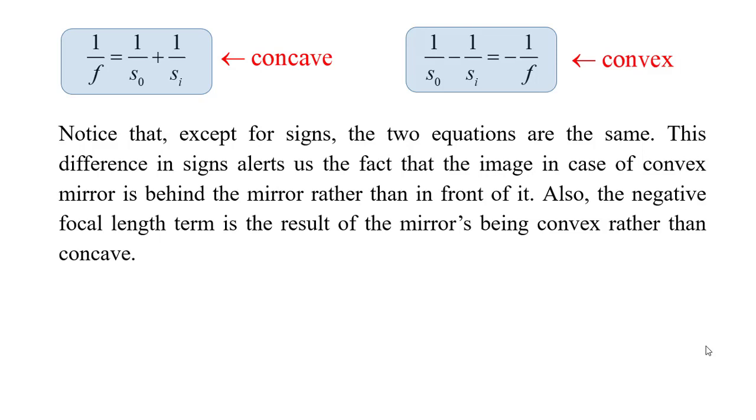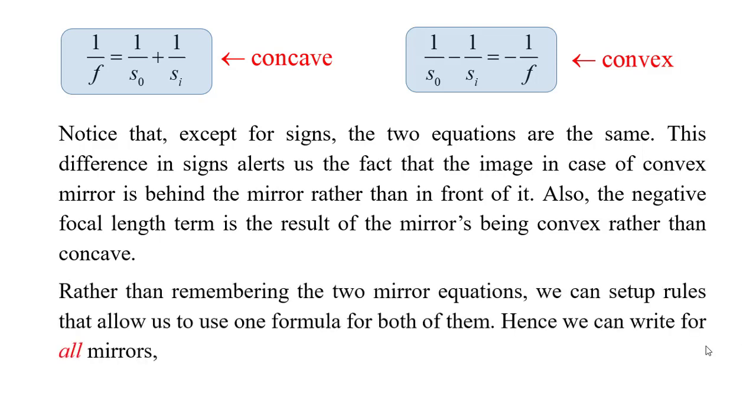Also, the negative focal length term is the result of the mirror being convex rather than concave. So because of these very similar equations, with only the signs being different, we can have a convention for their signs so that we can merge these two equations as one, and we will use exactly one equation in both cases.